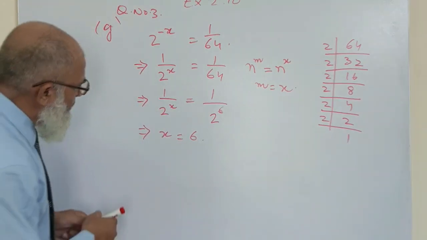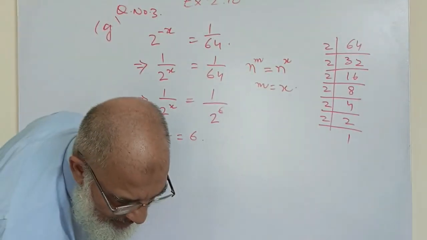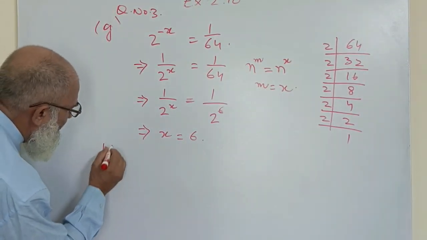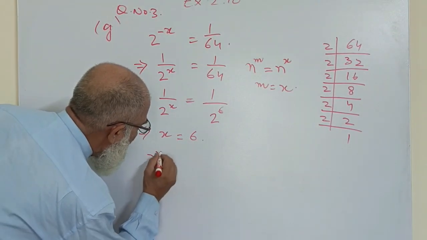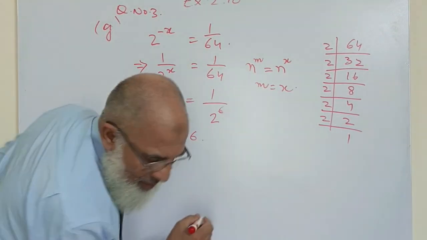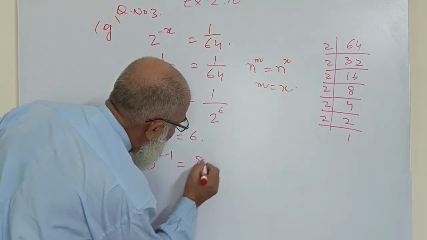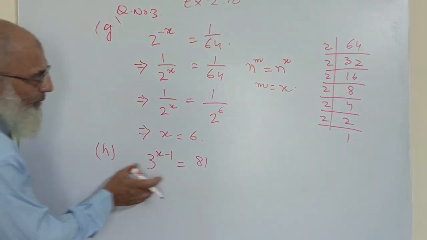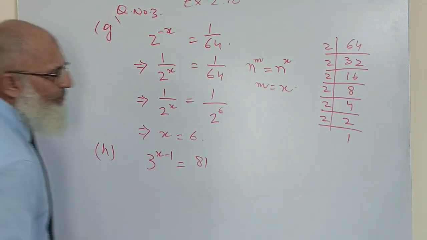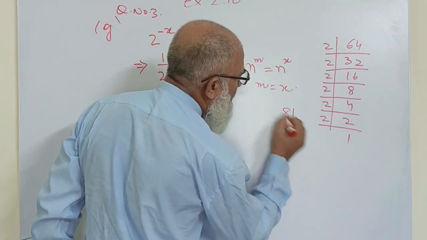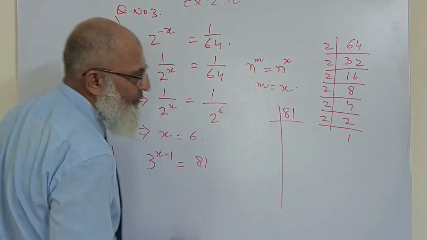One more interesting question is coming up, and that is h. It is very interesting. 3 raised to x minus 1 is equal to 81. Now we'll make the bases the same again. How? Just factorize 81.